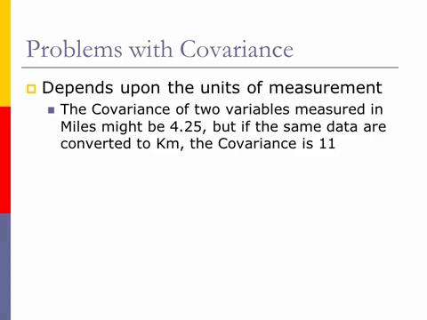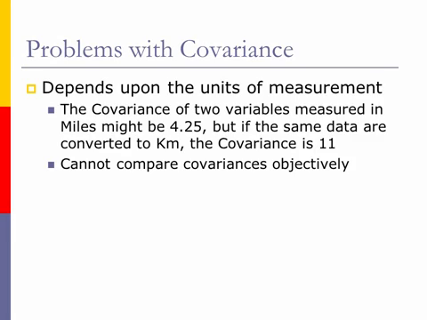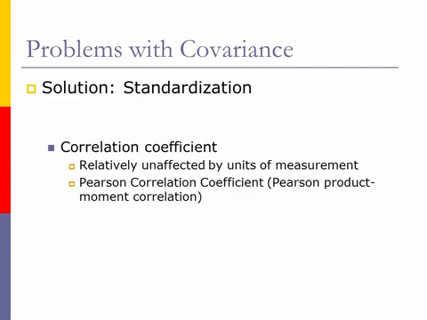But the covariance would indicate that the miles is a much better covariance maybe than the kilometers. But we know that cannot be true because it's just simply the same data that was transformed. So the problem is we just can't compare any covariances objectively.